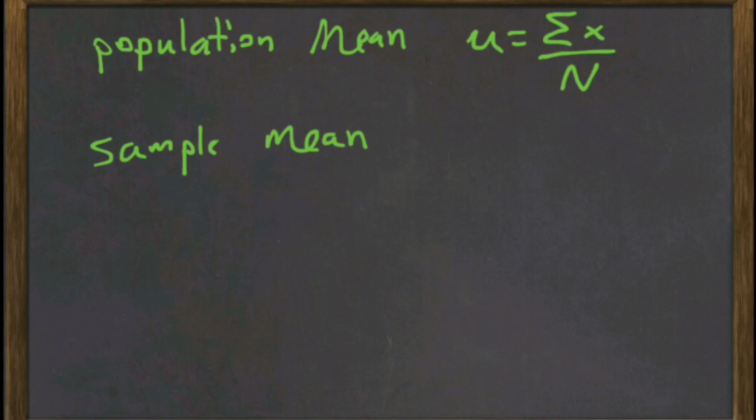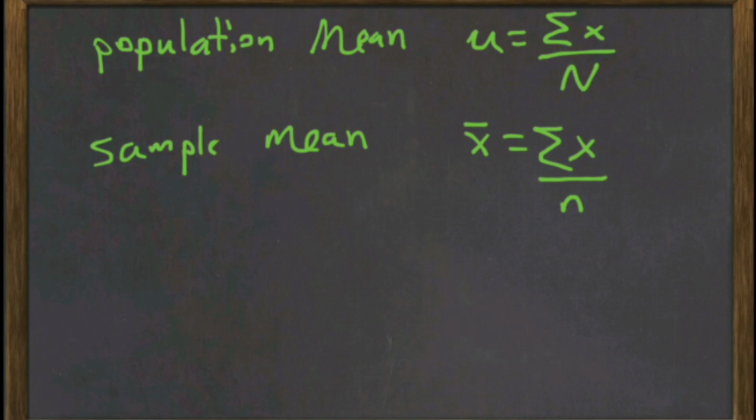Then the sample mean is going to look very similar, except this time we're going to use x bar. We refer to that as x bar. That is also going to be the summation of x, and then that is divided by n, but this time it's a lowercase n, just to remind ourselves that we are dealing with a different n.